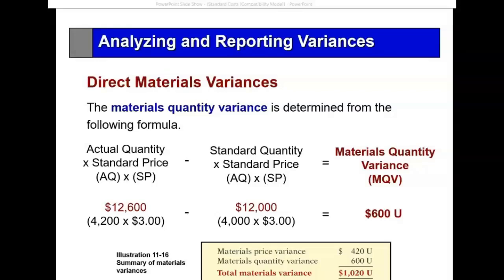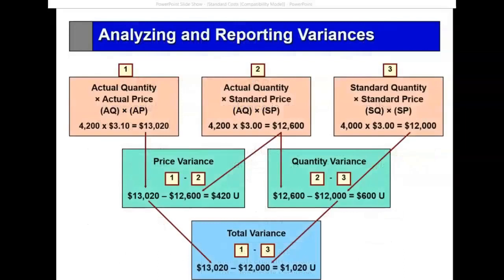So to break that total variance down, I create box number 2 up there, the actual quantity times the standard price. If I look left, I'm comparing the price variance. If I look right, I'm comparing the quantity variance, and in each case the number on the left is greater than the number on the right.